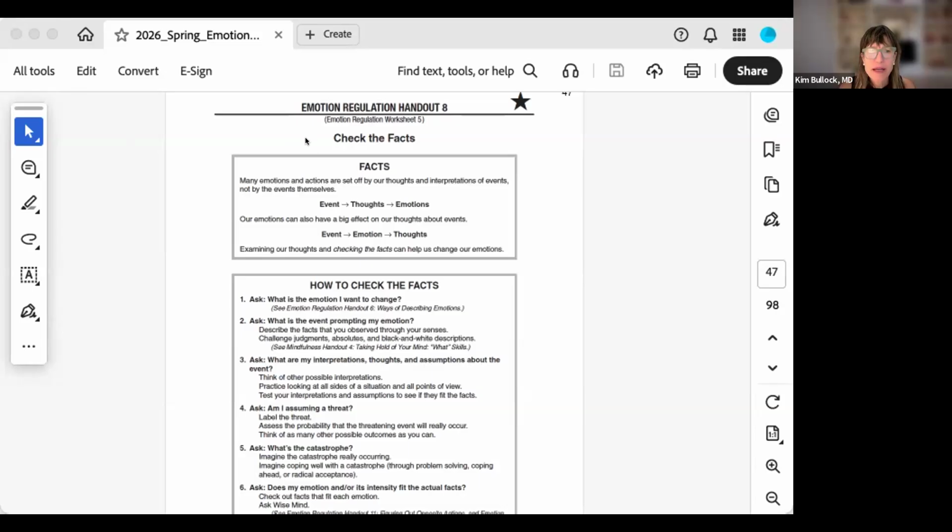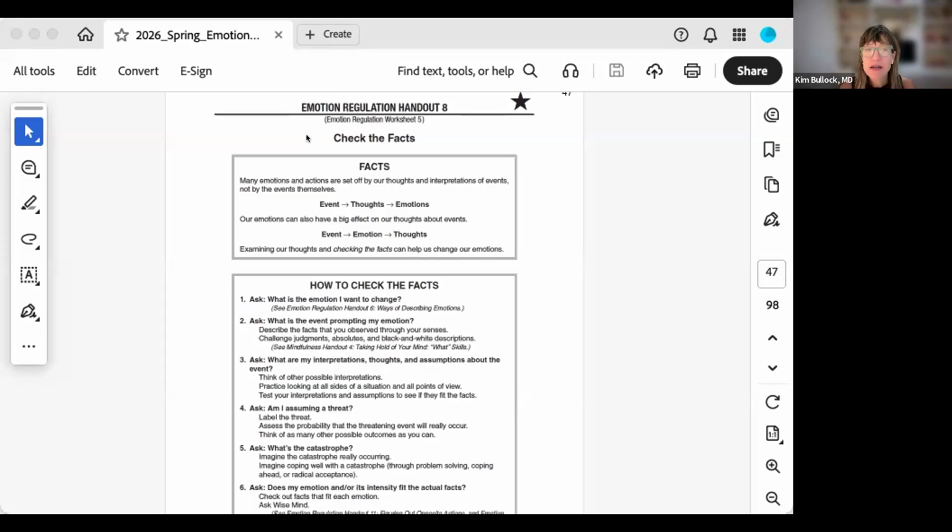So label the threat. The first thing is to label it, which involves labeling the emotions. And you have that apothecary of emotions in the prior session that can maybe help you label some of the prompters and particular threats.